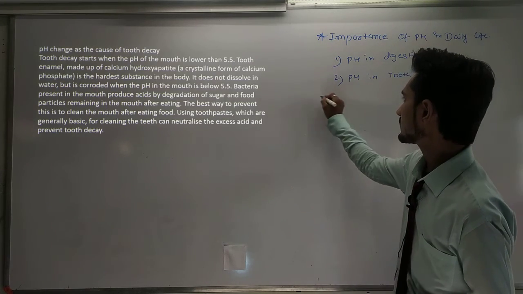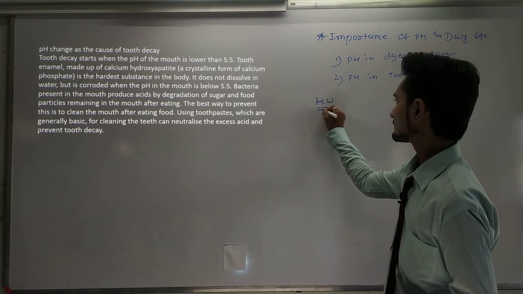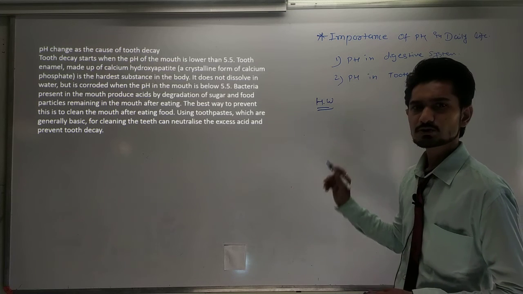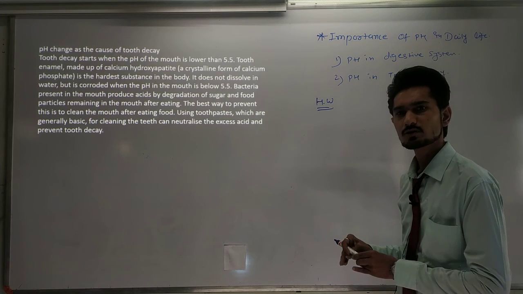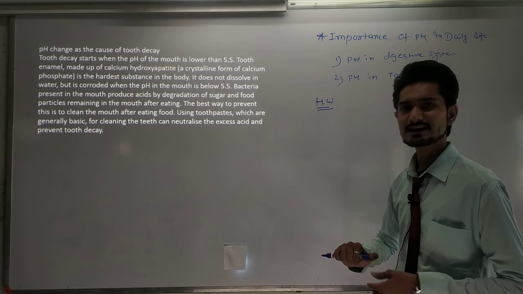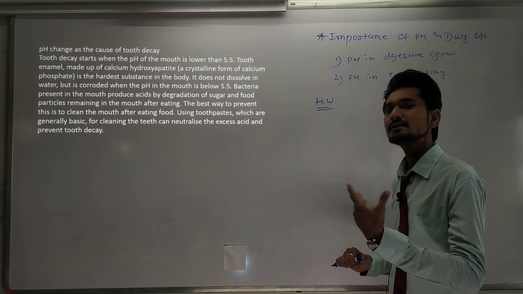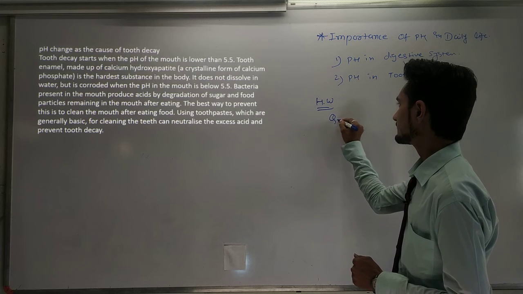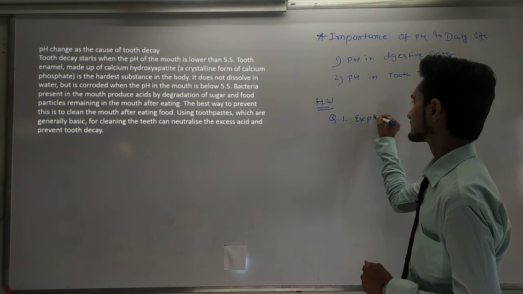In today's homework you have to write. In each and every lecture the students have asked me what the homework is. So I have now decided that at the end of the lecture I am going to give you homework on what we have studied. Question 1, you need to explain the pH scale.